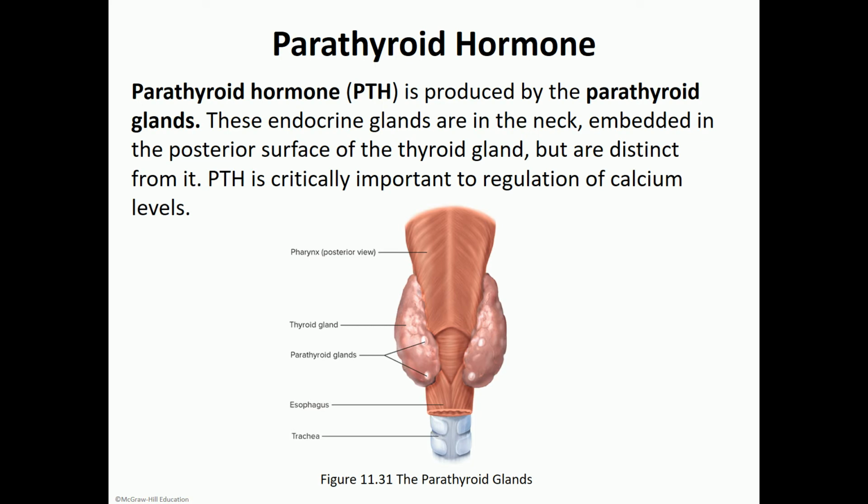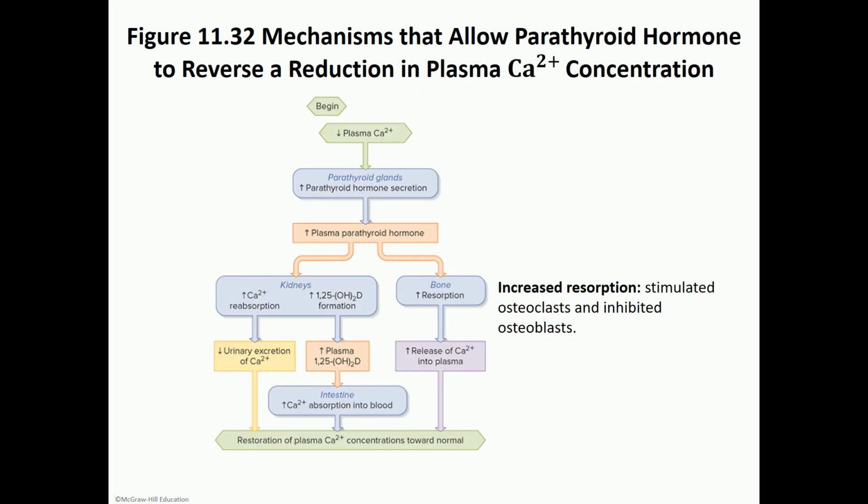So let's see what is the action of PTH. Increased levels of PTH will lead, in the bone, to increased bone resorption. And remember, increased bone resorption means that we are going to stimulate the osteoclasts while we inhibit the osteoblasts.